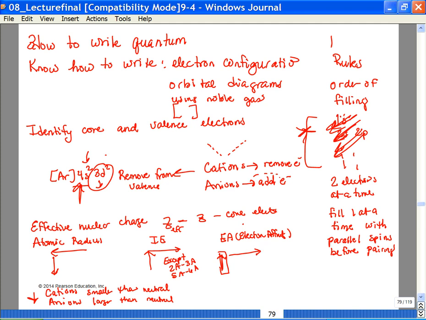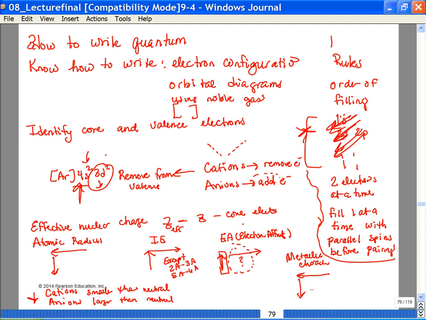We know that generally it gets bigger across a period. But we said all of this in here is a fuzzy bubble. We're not really sure. We can't necessarily predict. The last trend was metallic character. We looked at that today. And it gets bigger in the direction of the arrows.